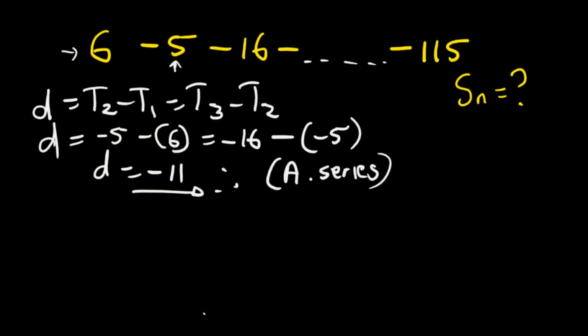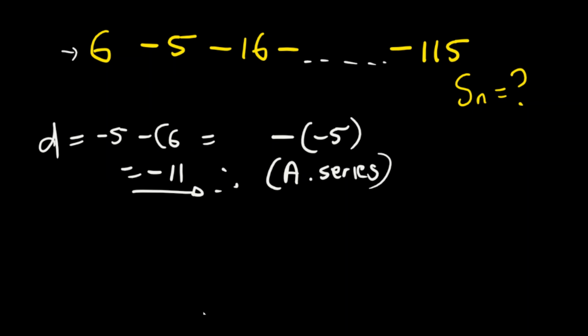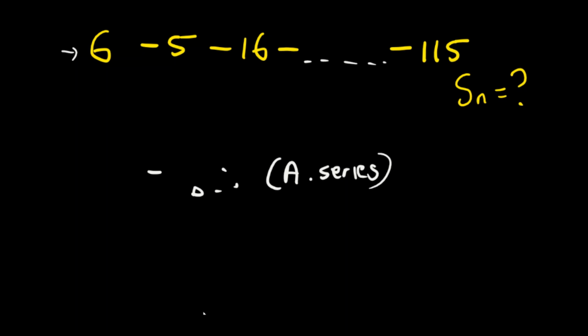So now that we've identified that this is an arithmetic series, what we need to do is first find the number of terms. Why am I saying we must find the number of terms? In this arithmetic series, we are given the last term, which is minus 115, and we are asked to find the sum. If we were not given the last term of minus 115, we would just identify the sum without the value of n.